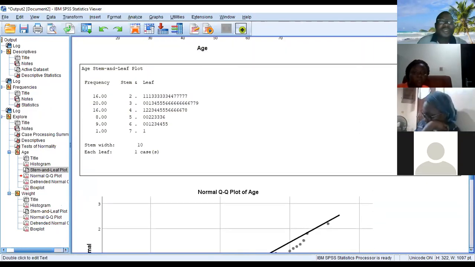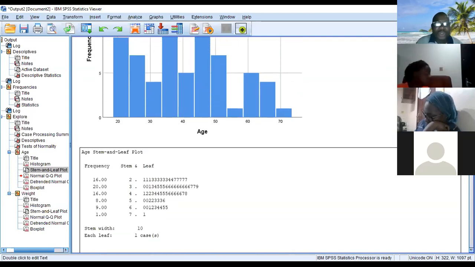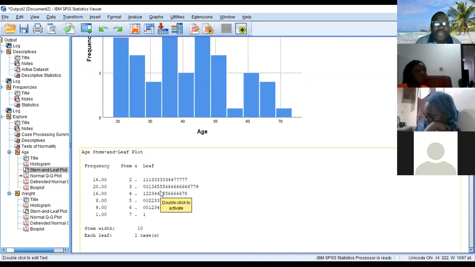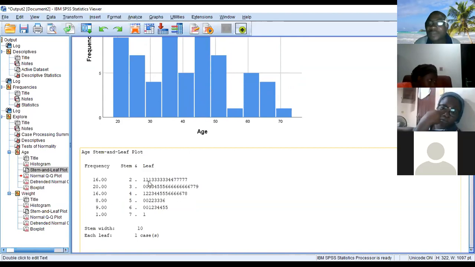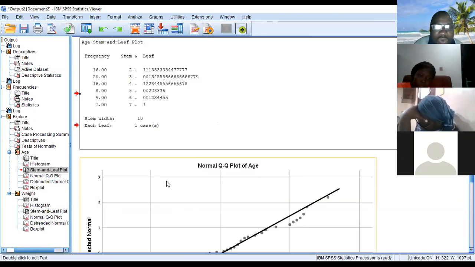What 16 means is that there are 16 people in this category, and the age values are in the twenties, because 2 is the stem and this is the last digit.